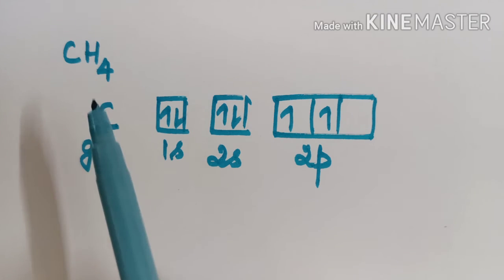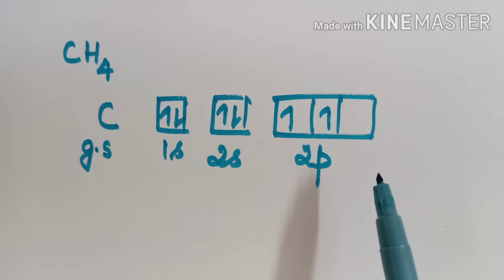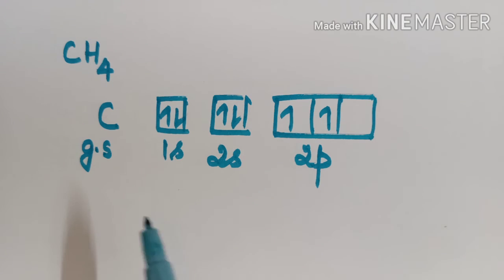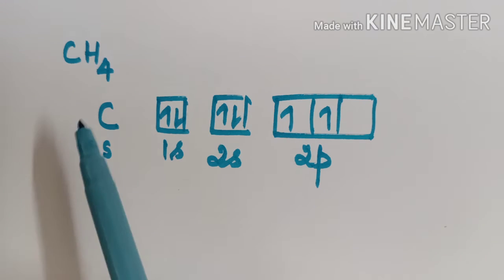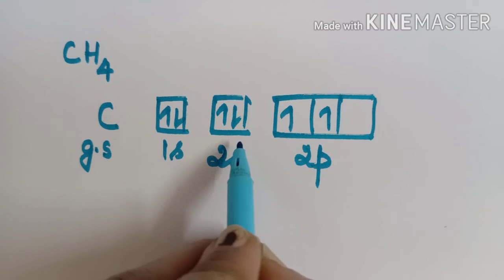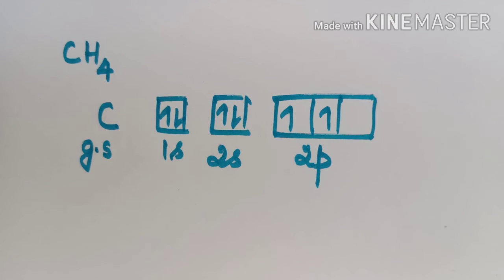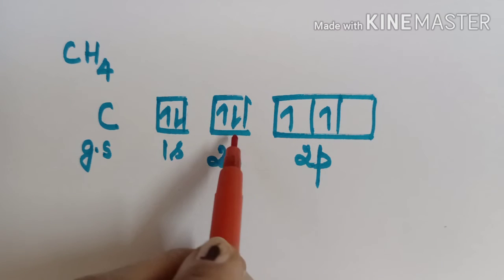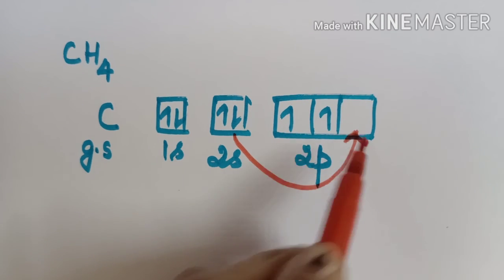4 covalent bonds means 4 unpaired electrons are to be created. So with the ground state configuration, we cannot explain the formation of CH4, for which we have to excite the electrons, and from where to where the excitation occurs. Here you find that excitation occurs from the 2s electron to the 2p orbital.